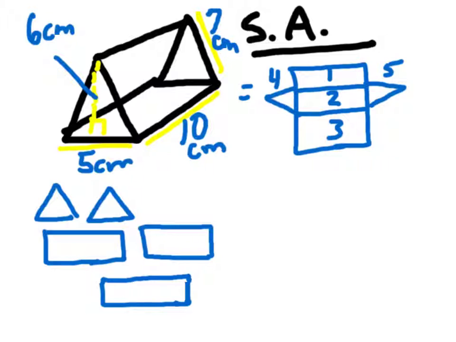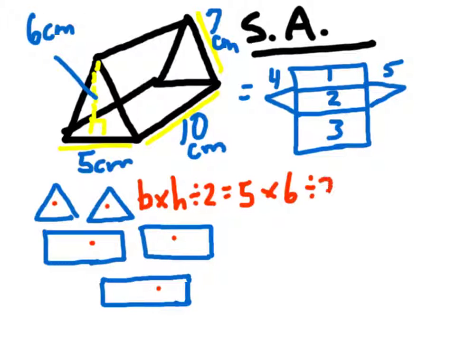Now I've sketched out those faces and cut them apart. We've got our 2 triangles here and here, and our 3 rectangles here. I'm going to start with the triangles. The area of a triangle is, as always, base times height divided by 2. Putting in the numbers, the base is 5 times the height, which is 6, divided by 2.